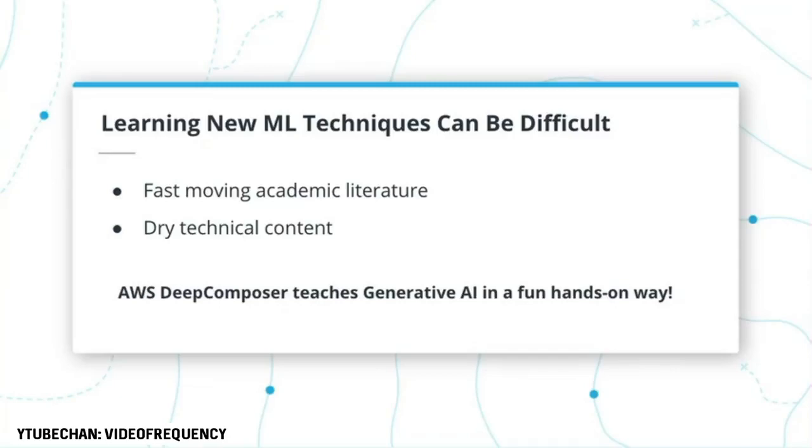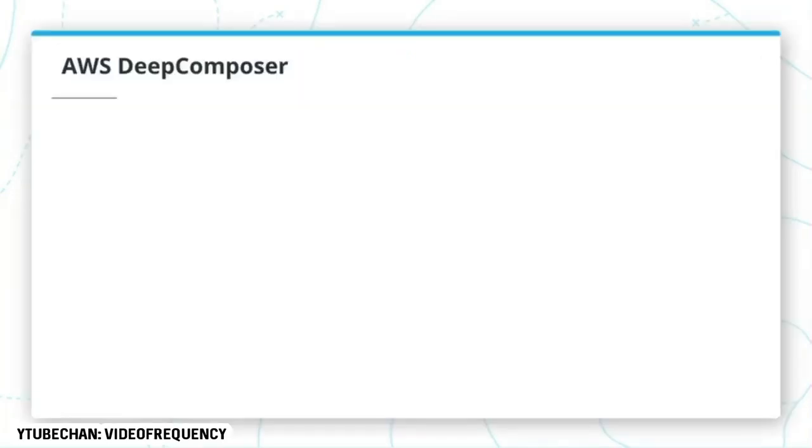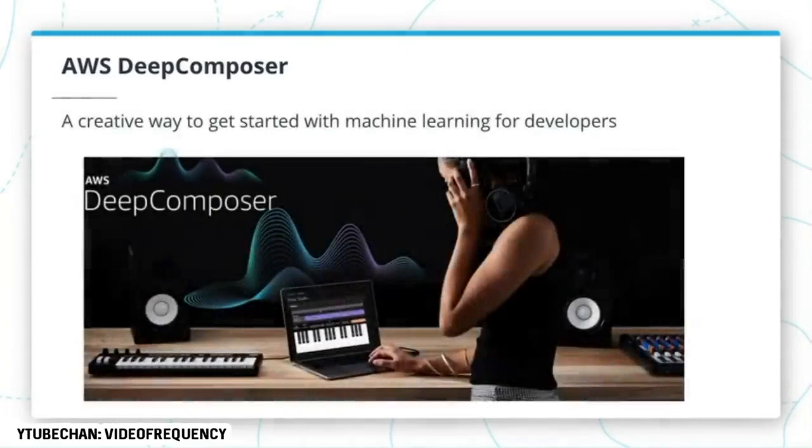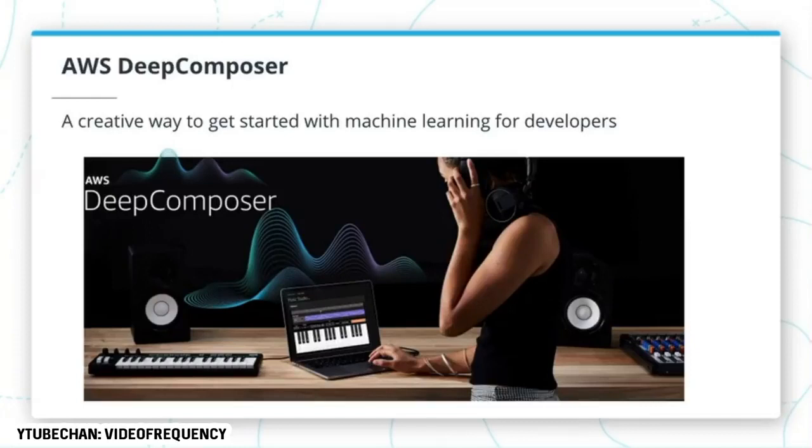It's fun and hands-on. What is AWS DeepComposer? AWS DeepComposer gives you a creative and easy way to get started with machine learning, specifically generative AI, using music. Regardless of your background in machine learning and music, you can get hands-on with AWS DeepComposer and learn the fundamentals of generative AI.